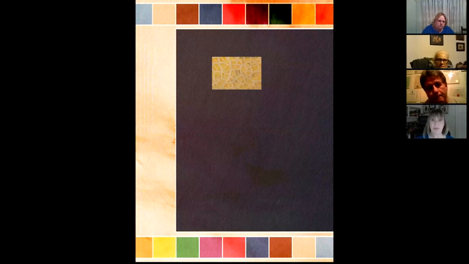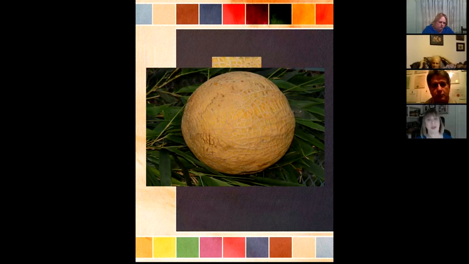Or a melon. Aha. But you really don't know what it is, do you? All you know is that it's yellow and it's got some kind of light veins on it. So you can just see a very little bit about it. But, as Debo said, it is a melon.